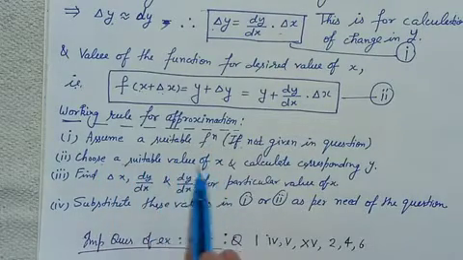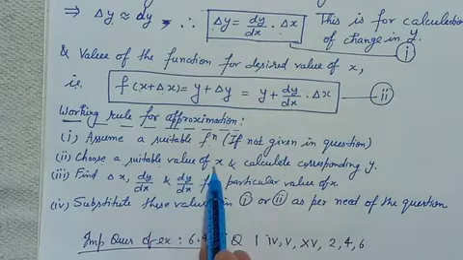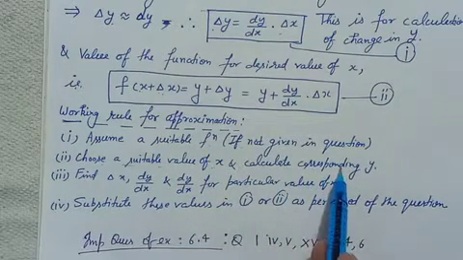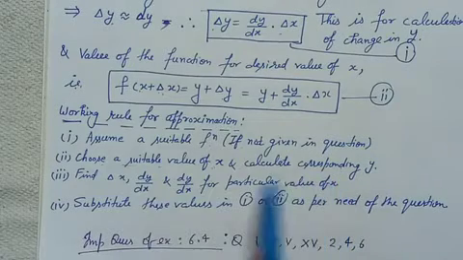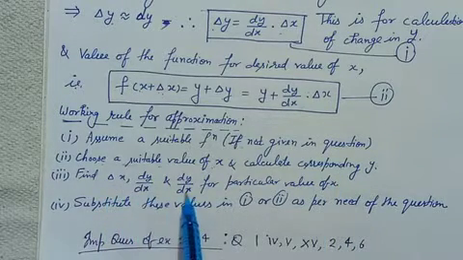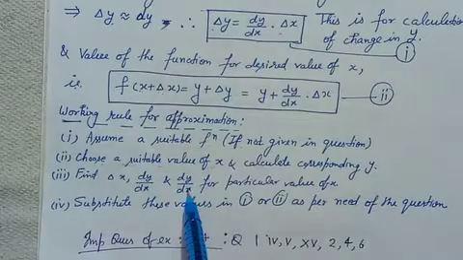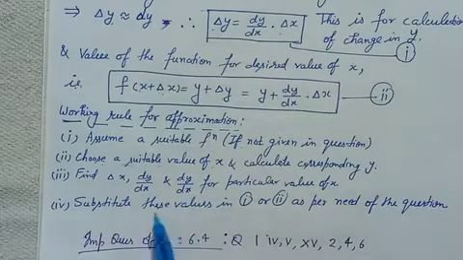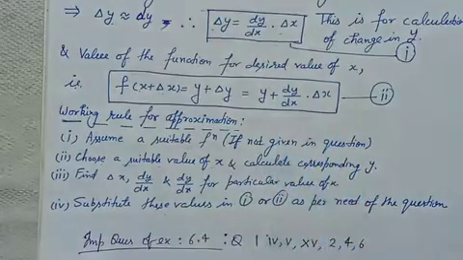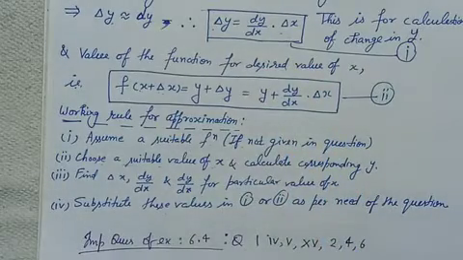We will discuss this part when we solve the questions. And calculate corresponding value of y. Now find out delta x, dy by dx, and dy by dx for particular value of x, and substituting these values in equation 1 or in equation 2, we can calculate the result.